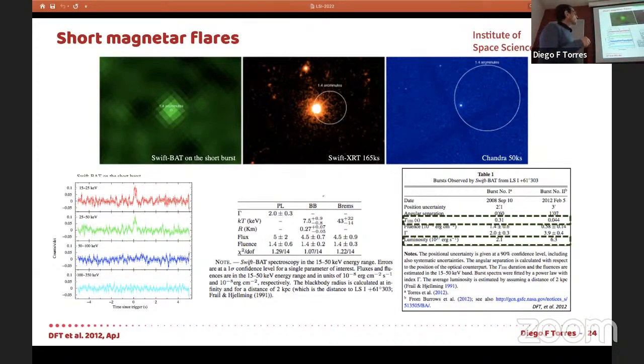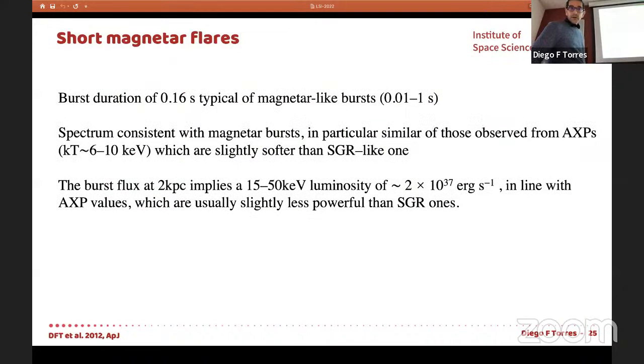And what we did back in 2012 was to study possible counterparts of these flares. We did not find anything obvious other than the system LSI +61 303. This was also done in radio with the same conclusion. So at the end, we have short magnetar flares.